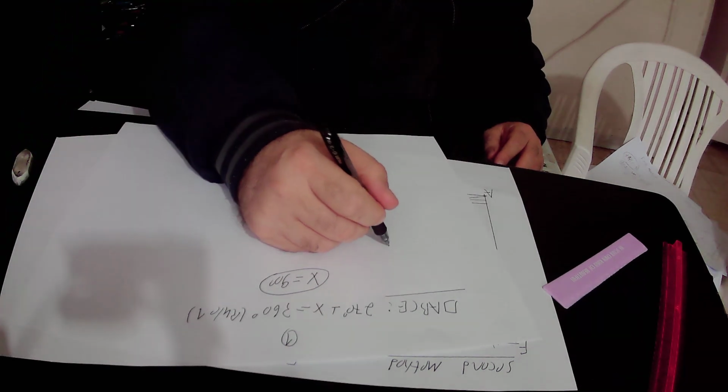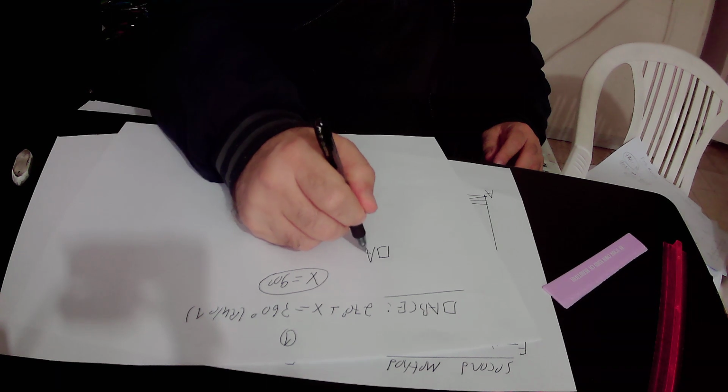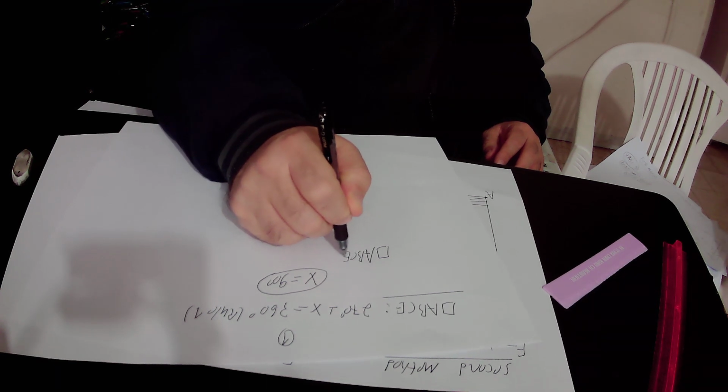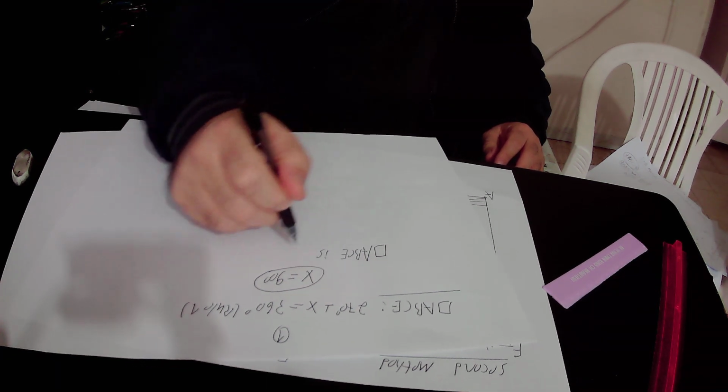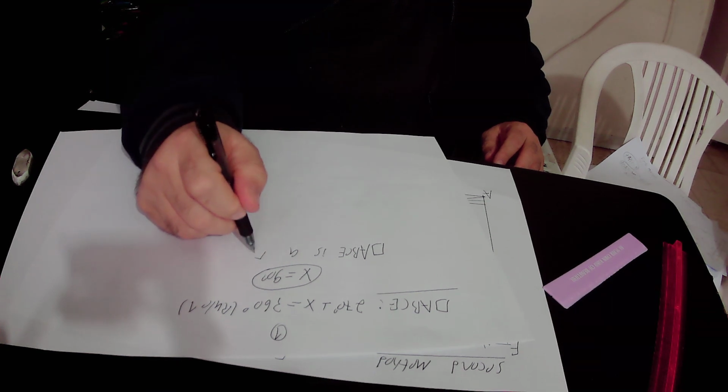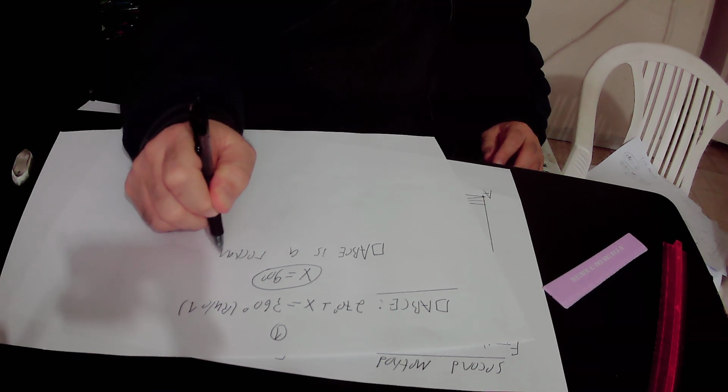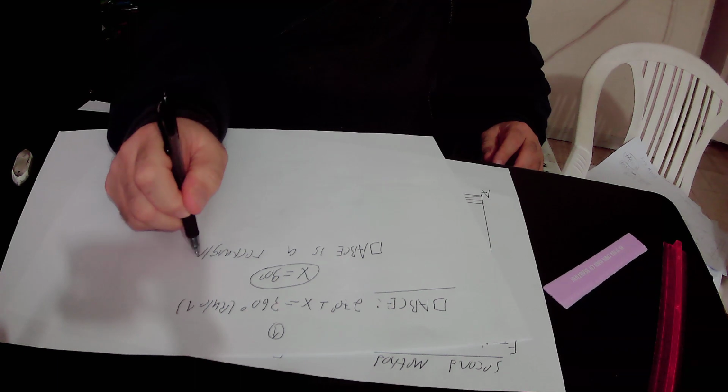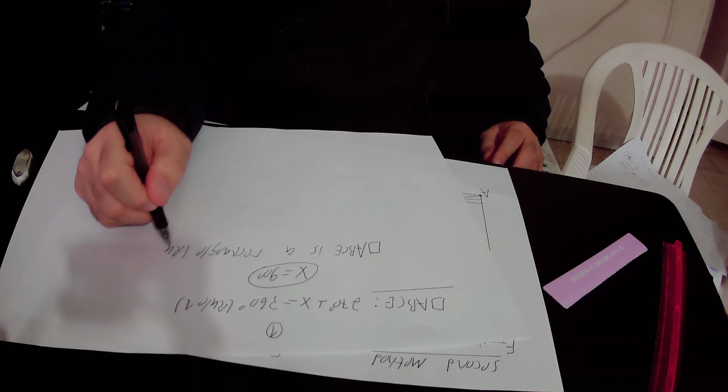So I write it down that quadrilateral ABCE is a rectangle according to rule number 2.